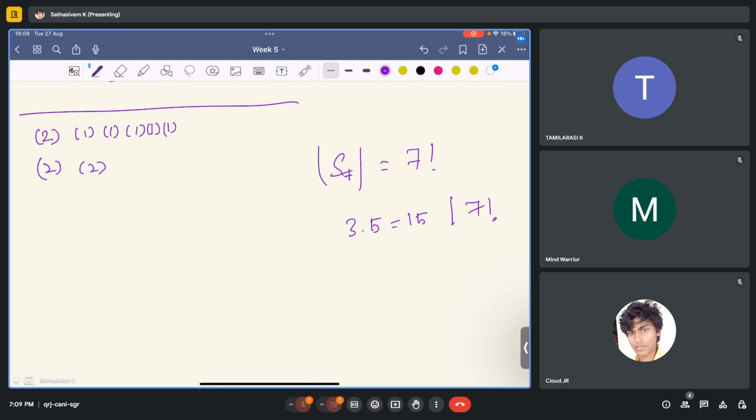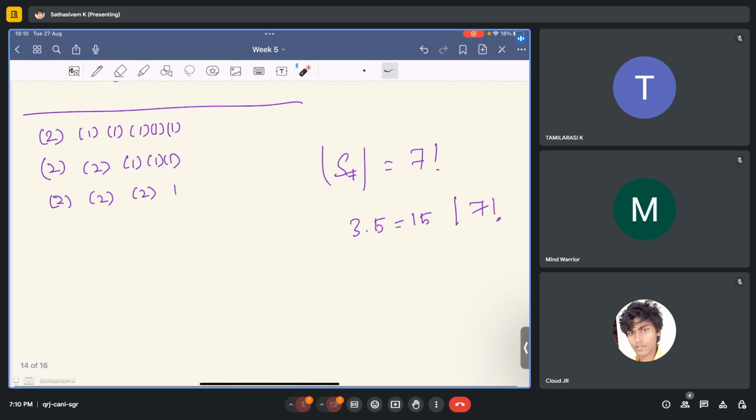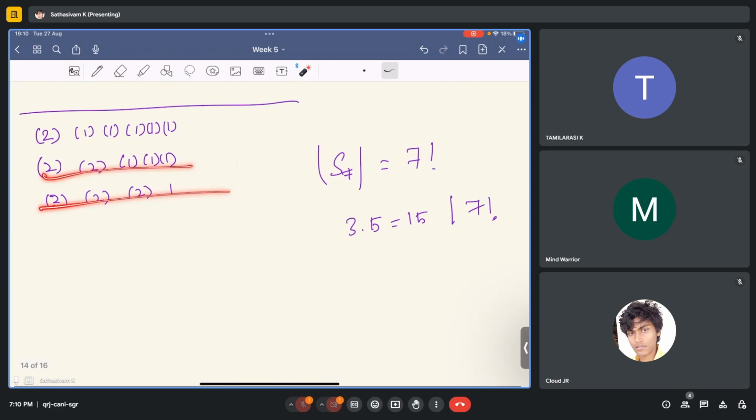So how many 2 cycles are there? 2, 2, 4. So these are all possibilities, right? But of all these possibilities, I just write only this one, because if you take all of these, the LCM is the same as 2. So these possibilities I skipped.